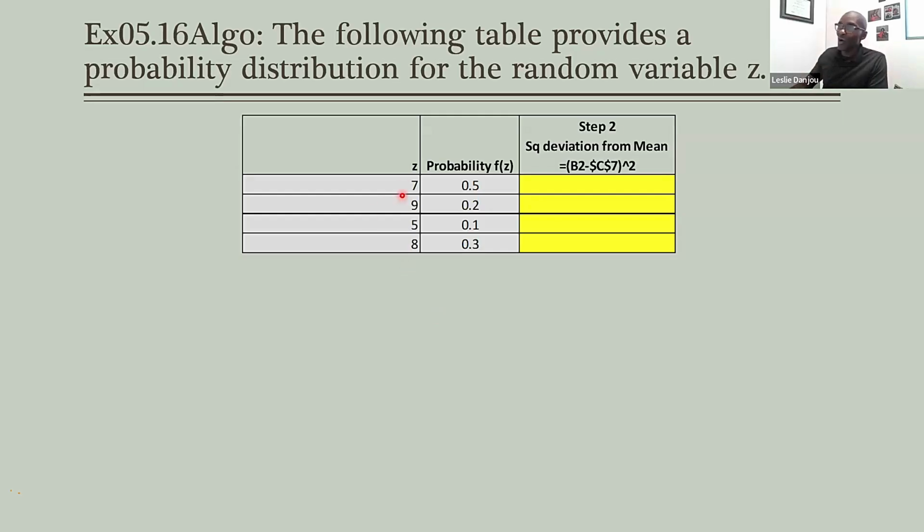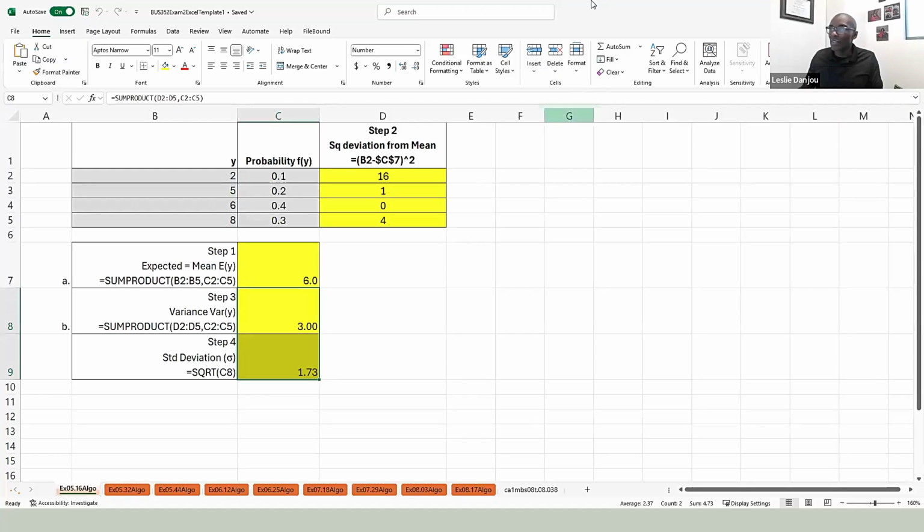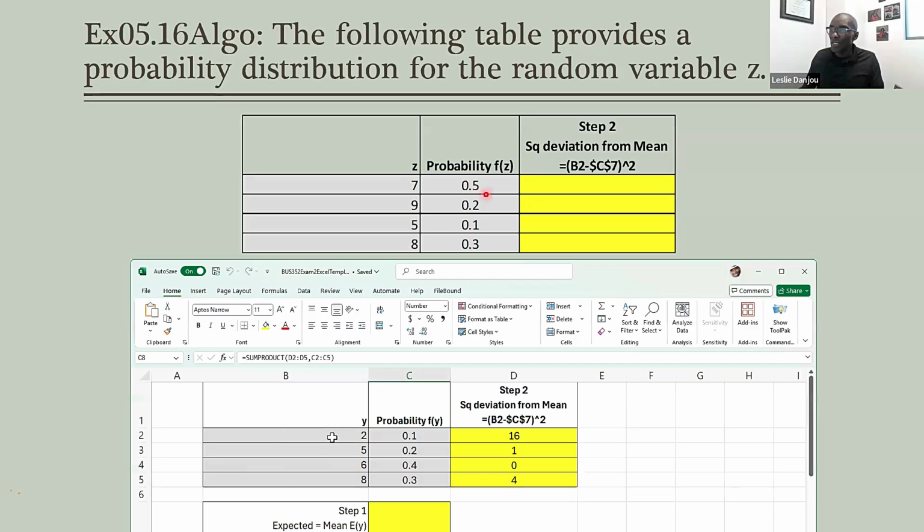If your system is already right, if you already put in the work, you should be good to go. These are my values, so I'm going to grab my Excel. Let me pull it up for you guys. Let me minimize it just a bit. Please enter your Z values and your F of Z values, or it doesn't matter whether you change these to Z or not.